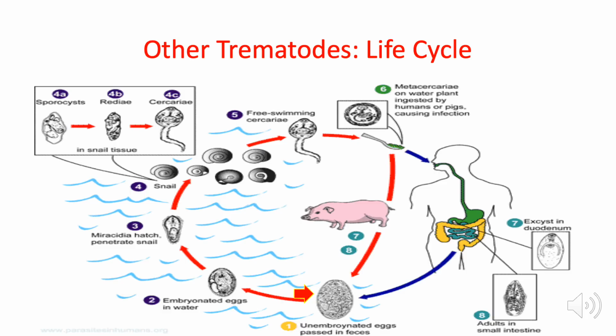These eggs will later produce a ciliated stage that we call the miracidium. This miracidium will infect snails, and inside the body of the snails, the miracidium will become the sporocyst. The sporocyst will develop into the rediae, and the rediae will produce the tailed stage, which is the cercaria. And what will come out of the body of the infected snail is the tailed stage cercaria.